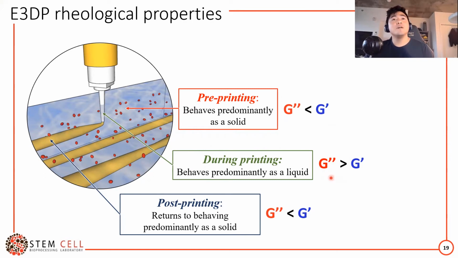So this is a liquid-like behavior. And then as soon as the needle is done passing through it, you want the matrix to become a solid in order to keep that structure in place and to keep the cells still suspended. So again, you have a solid, liquid, solid, quick change in properties.